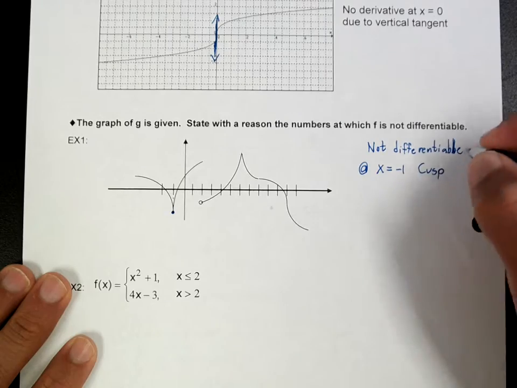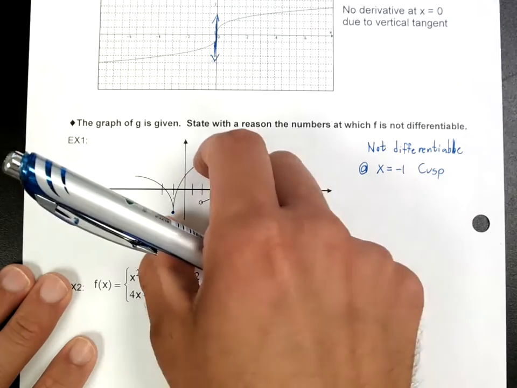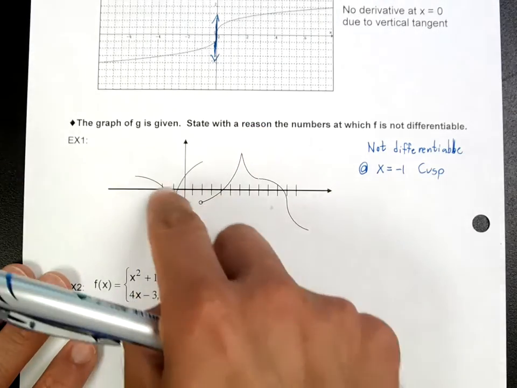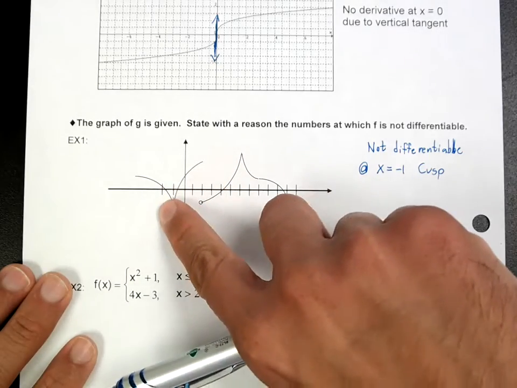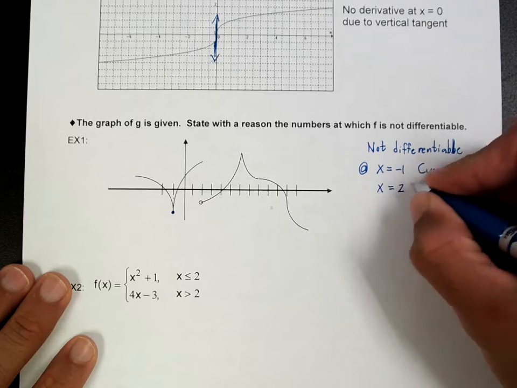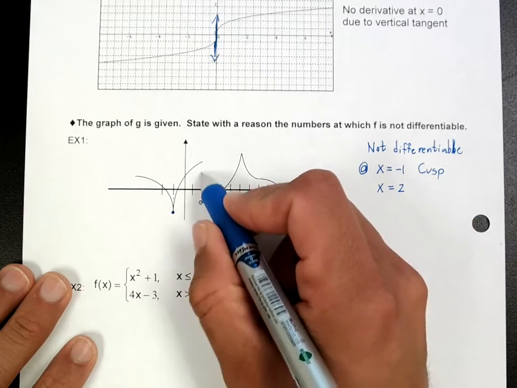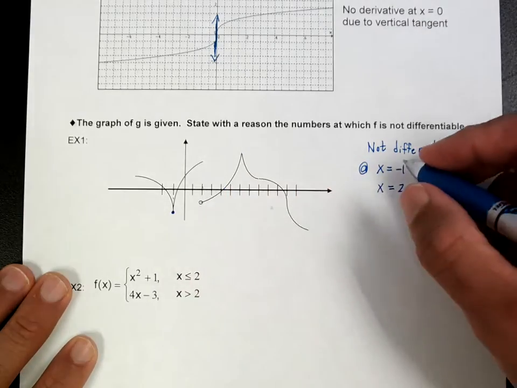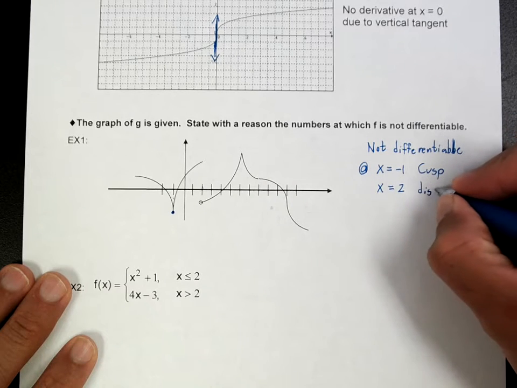The definition of a cusp is basically when you have two oval shapes or circles put together and it makes this little sharp peak. It's also not differentiable at x equals 2 because there you have a discontinuity.